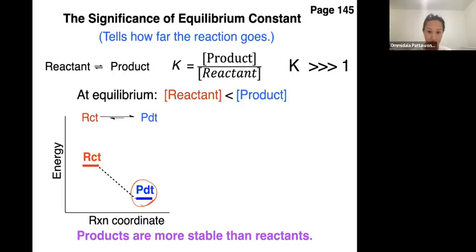So the product is more stable, therefore the reaction would proceed to a more stable state and produce more of the product. Once it has reached equilibrium, you are going to observe the concentration of the product greater than the concentration of the reactant. So the K value can also tell us about the stability of the product versus the reactant.